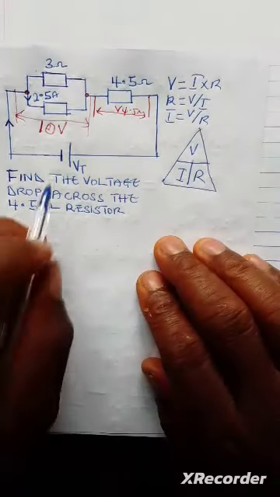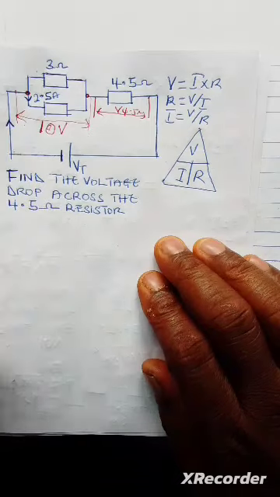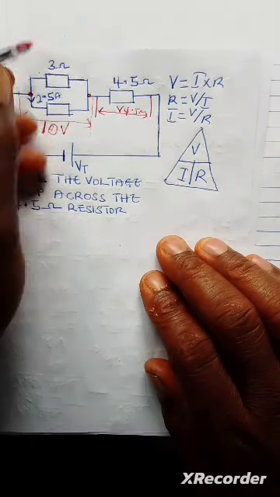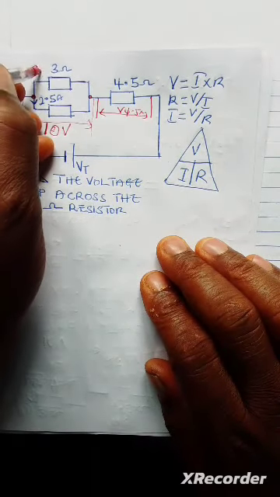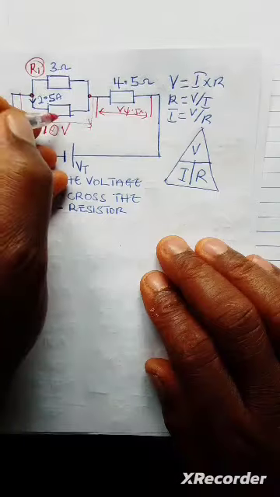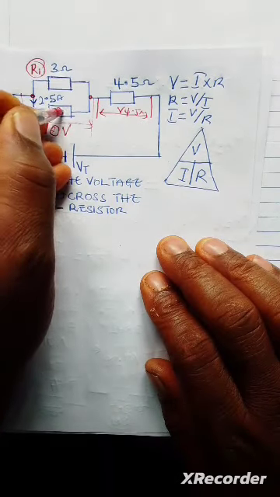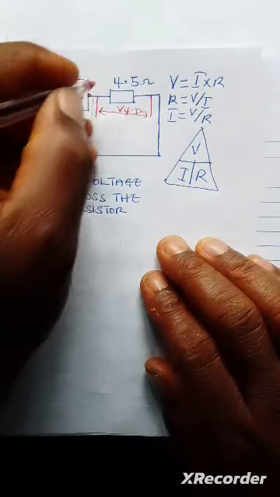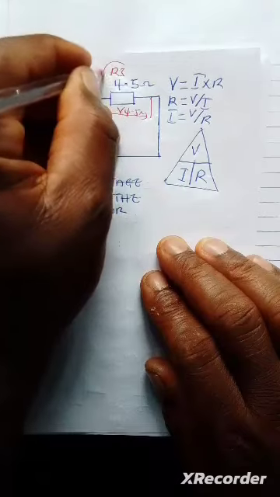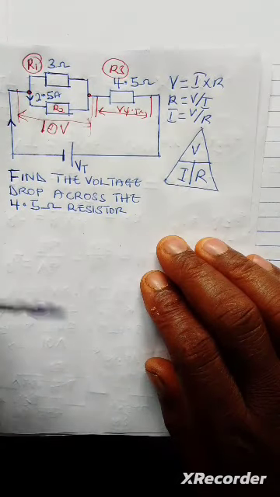So in this case, let's find the resistor. We can name this 3 ohms as resistor 1 and this unknown as resistor 2, and this 4.5 as resistor 3. Alright, so let's see how we can solve.